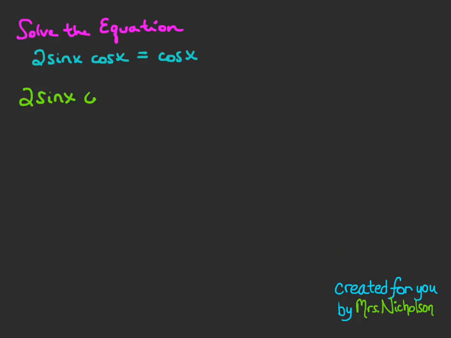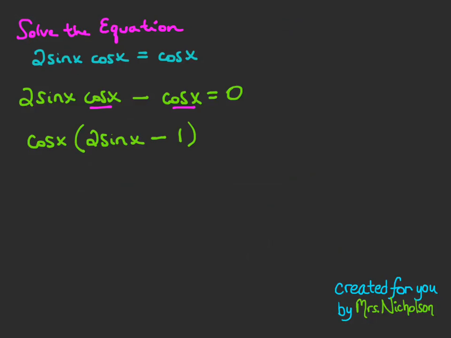So I'm going to have 2 sine x cosine x minus cosine x equal to 0. Now I have 2 terms here that are being subtracted, and both of those terms have a cosine x. And so I'm going to factor that out. If I factor out a cosine x, then in my first term I have 2 sine x minus, and in the second term I'm just left with 1.